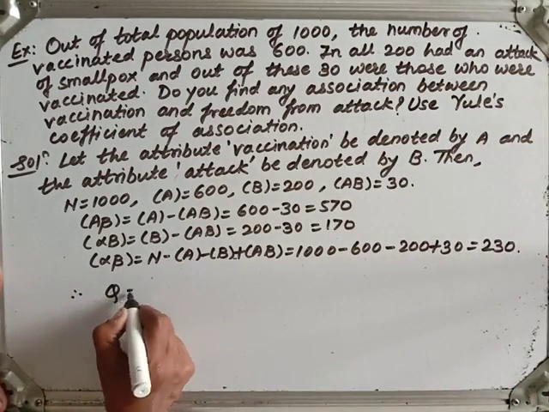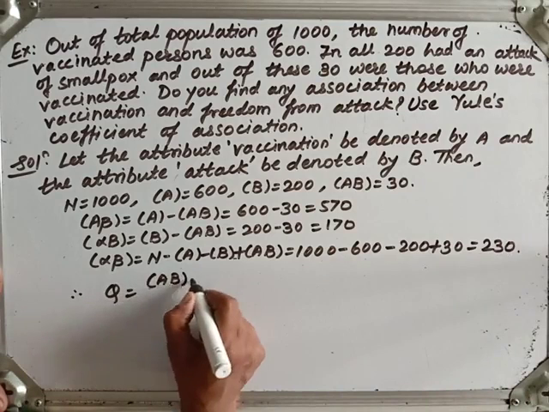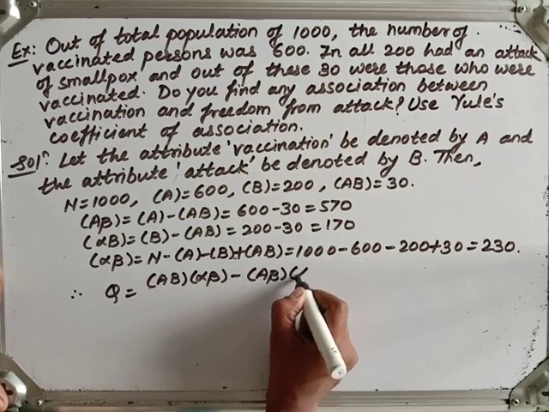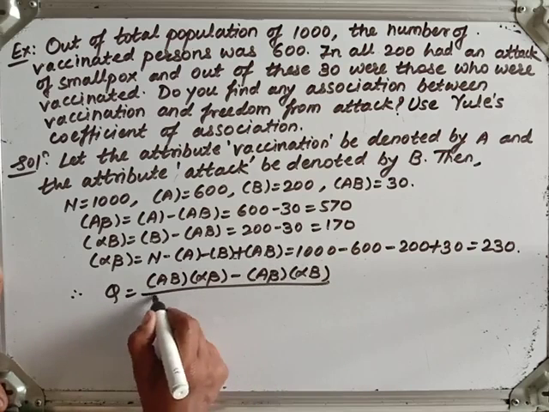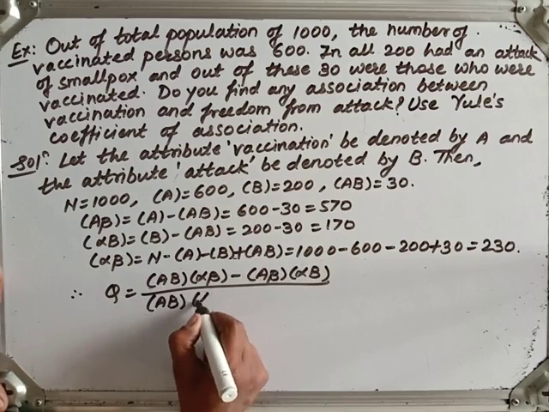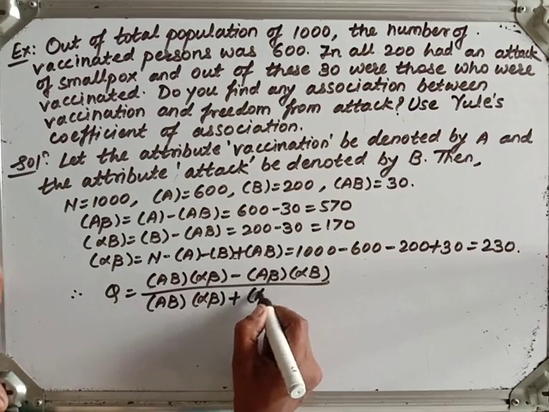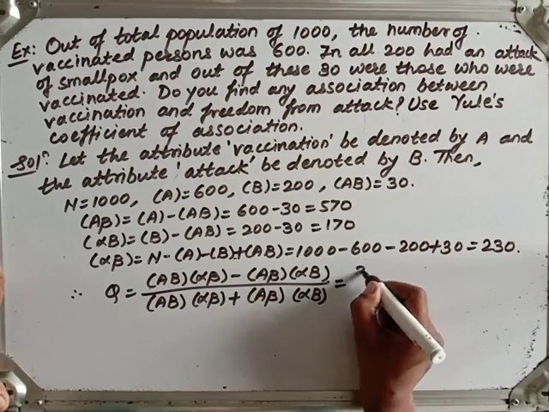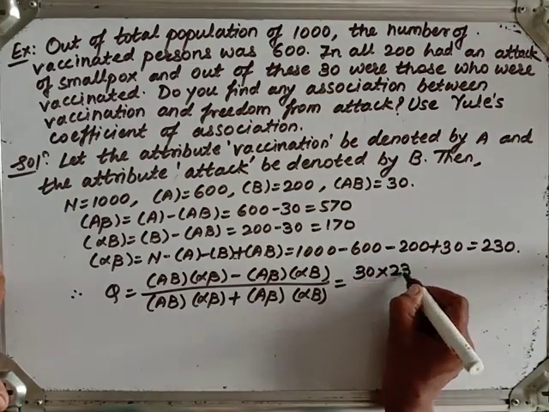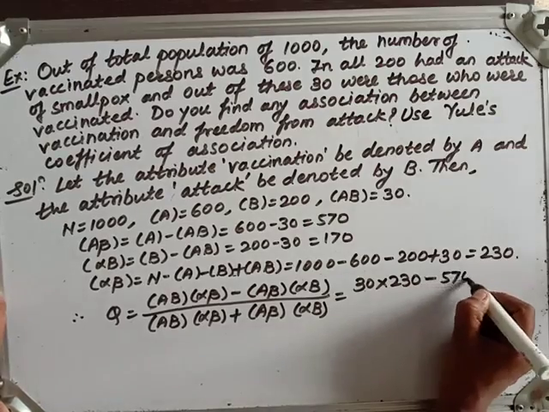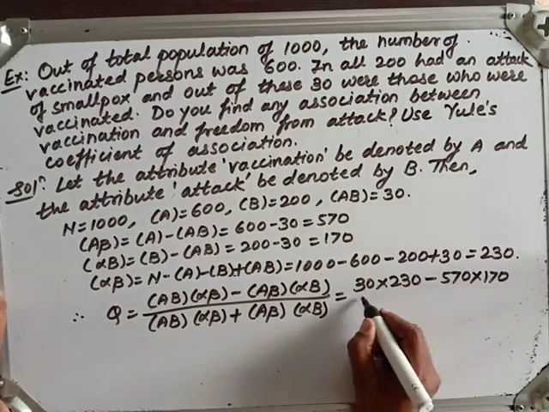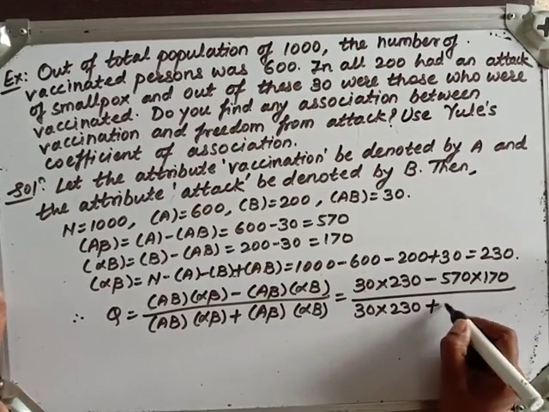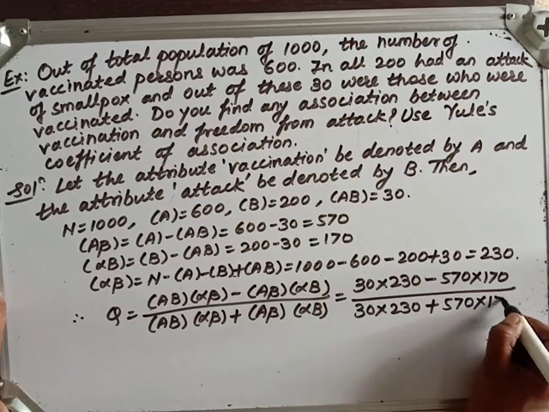Therefore, Q equals AB into alpha beta minus A beta into alpha B, upon AB into alpha beta plus A beta into alpha B. So put in the values, we get 30 into 230 minus 570 into 170, upon 30 into 230 plus 570 into 170.